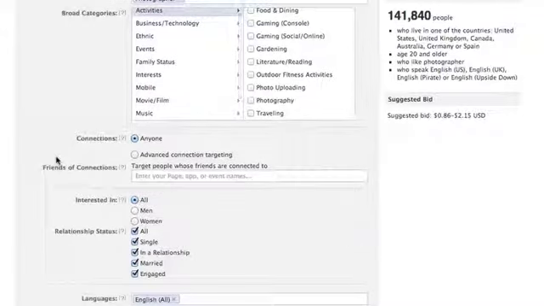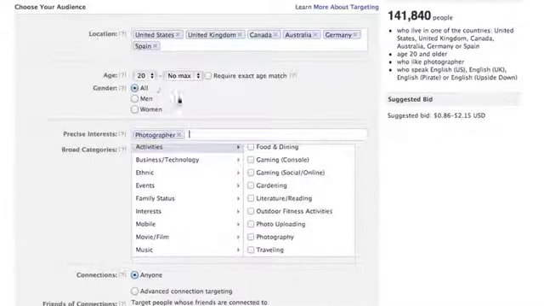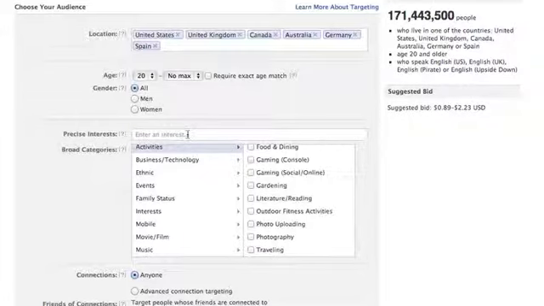So again, it's all about micro-targeting. If we do fitness, let's say you have a product that shows gym owners, guys that have their own fitness business, how to make more money, how to get more clients, how to be a better owner of a gym.